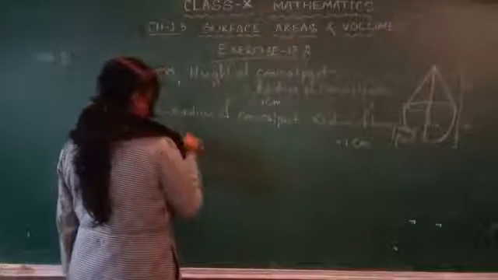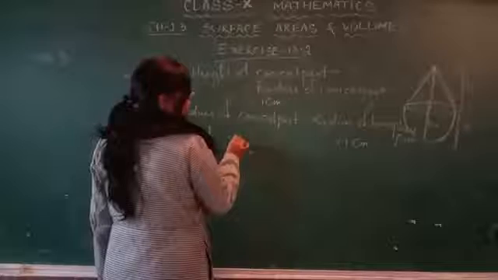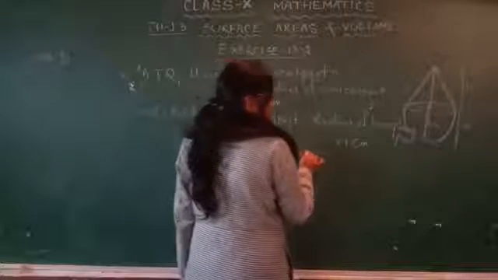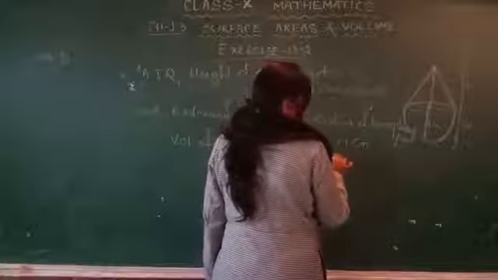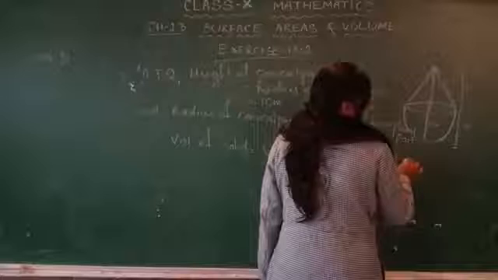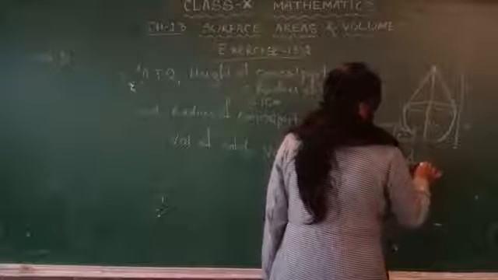So the volume of the solid is equal to how much? Now the volume of the solid is equal to the volume of the conical part plus the volume of the hemispherical part.